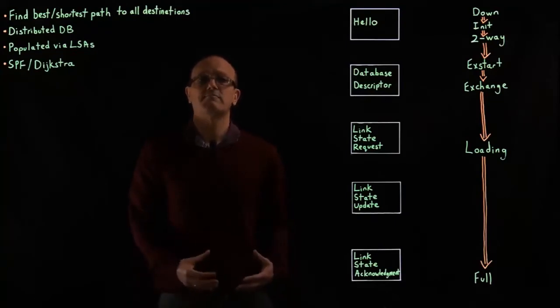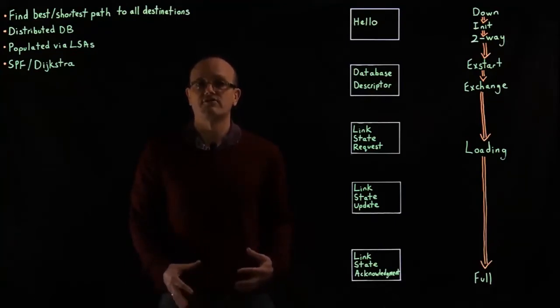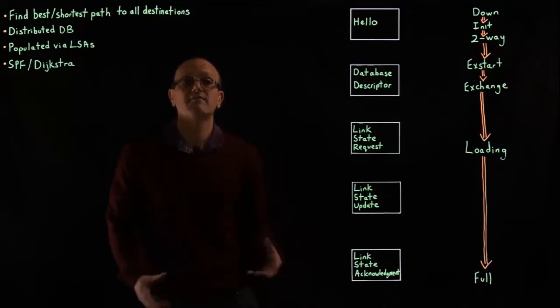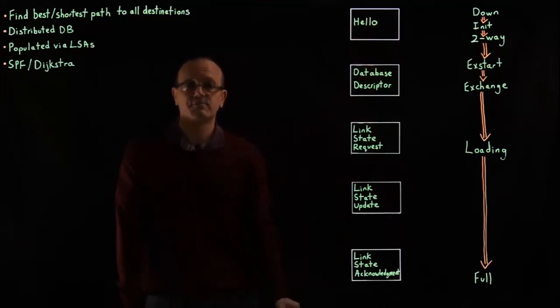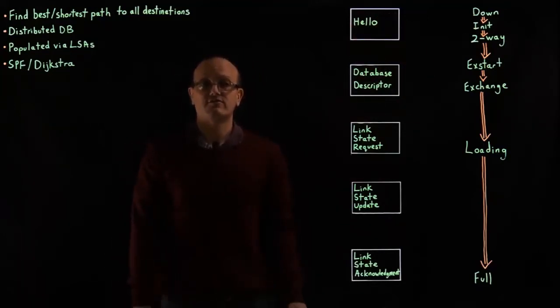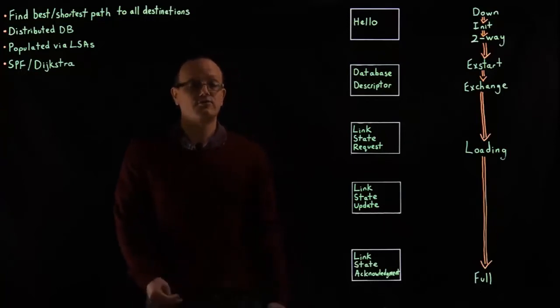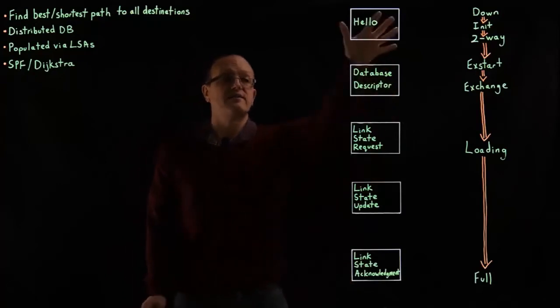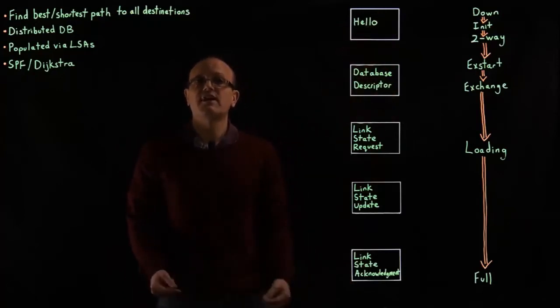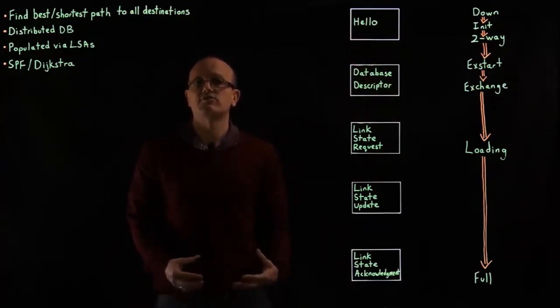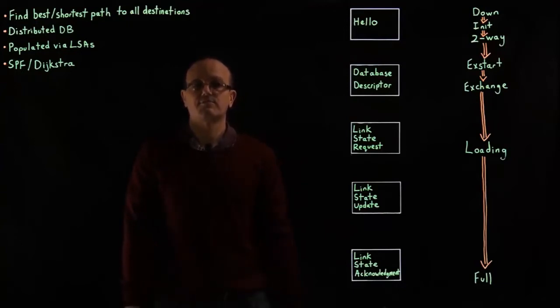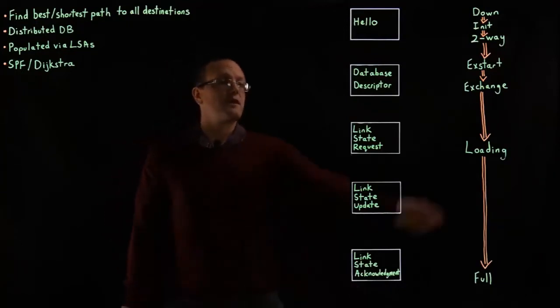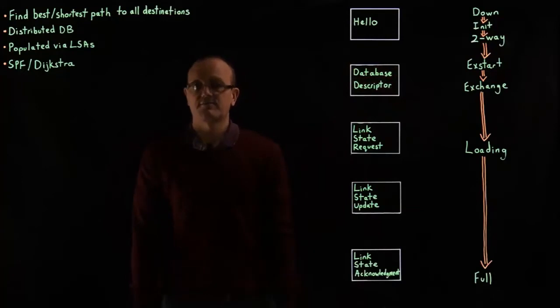Let's have a look at the different packet types that facilitate its operation. So first we have the hello packet. This is sent to a multicast address, and it's used to discover what other OSPF speaking routers are connected, and it's also there for state maintenance of an adjacency once that adjacency is established. We then also have database descriptor packets.